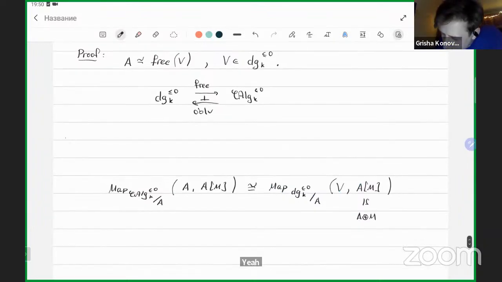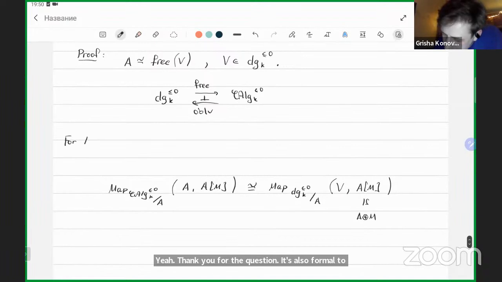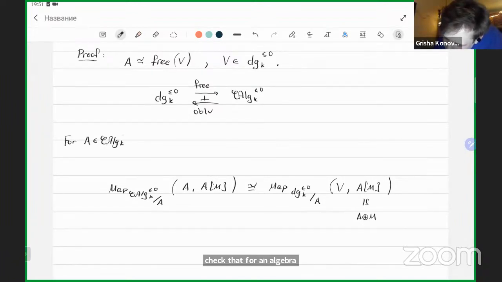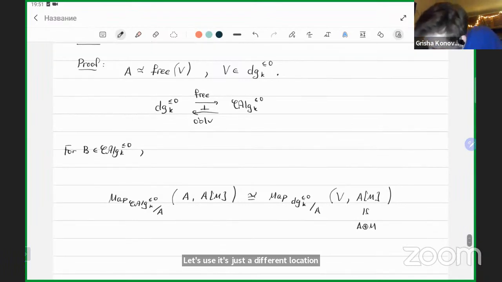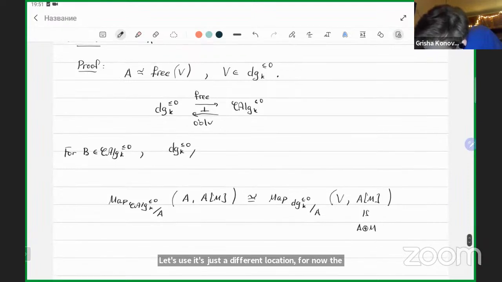It's also formal to check that for an algebra, let's use a different notation, for an algebra B, the adjunction extends to the adjunction between comma categories.